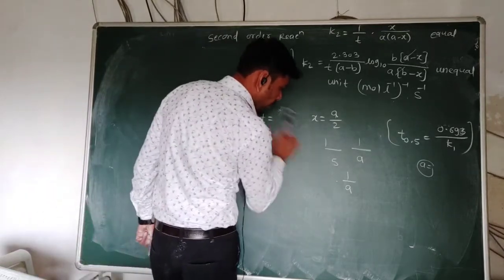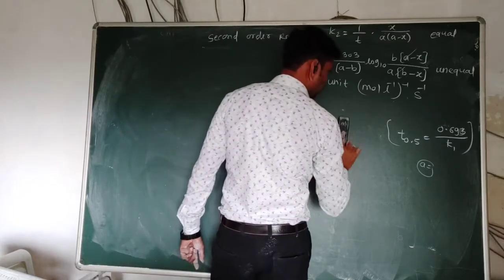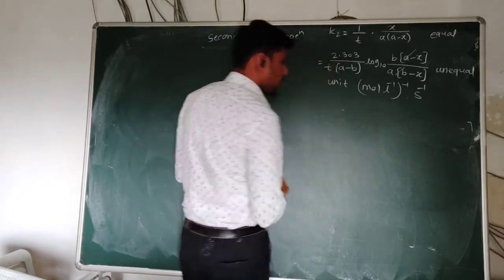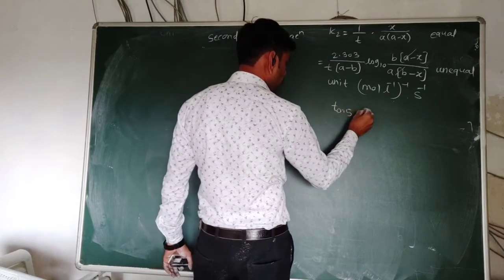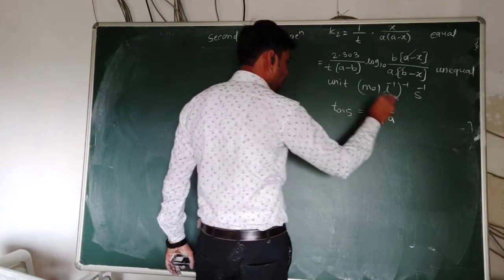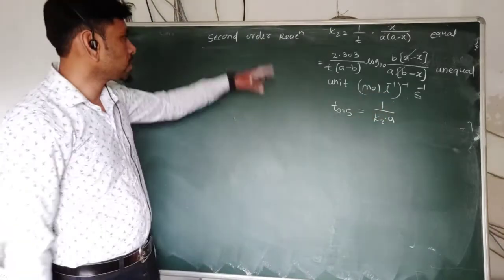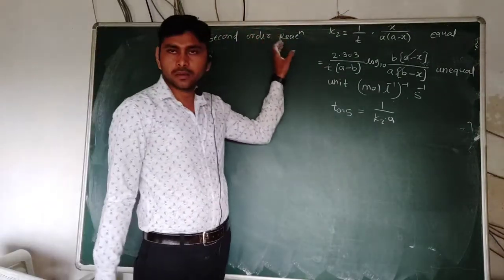So this is about the second order reaction. We saw the rate equation of the second order reaction for equal initial concentration, and t 0.5 equal to 1 upon k2 into a, the half lifetime. These are the terms we already studied in the second order reaction.